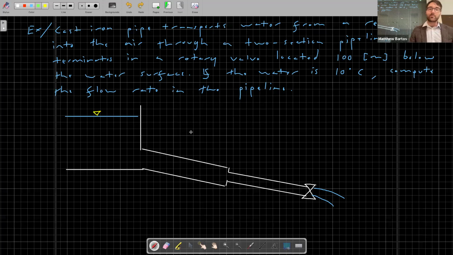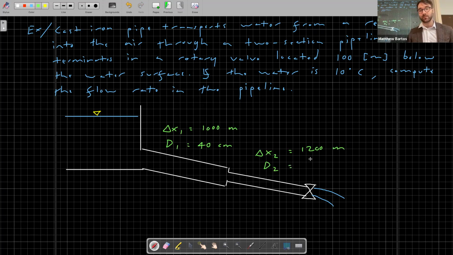So the first pipe will have a length delta x1 of 1,000 meters and a diameter of 40 centimeters. The second pipe will have a length delta x2 of 1,200 meters and a diameter half the diameter of the first pipe, so that'll be 20 centimeters.